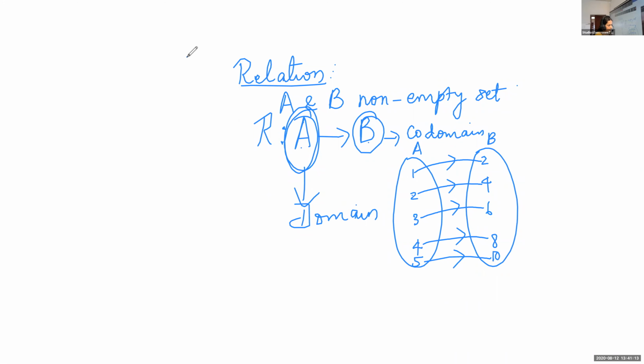That means we are taking the element in the form x comma 2x. The second element is double the first element. We are defining the relation such that the second element is double the first element. Like this we can define some relations. Cartesian product means we'll be taking all the elements.